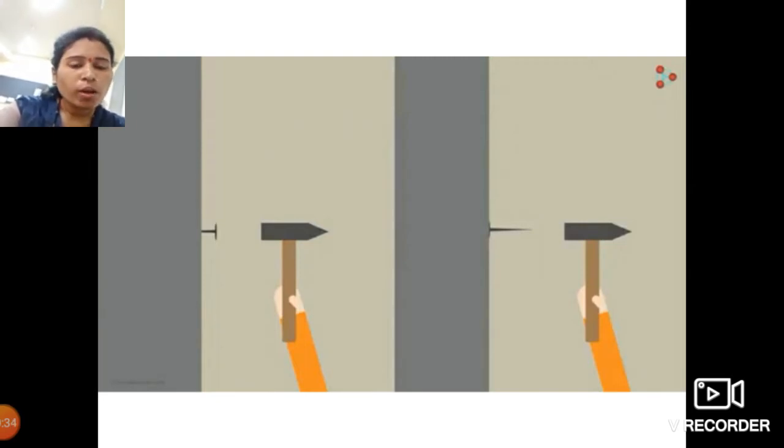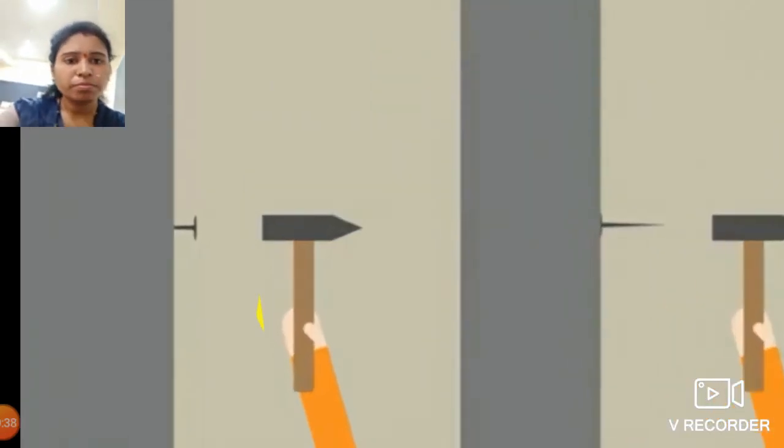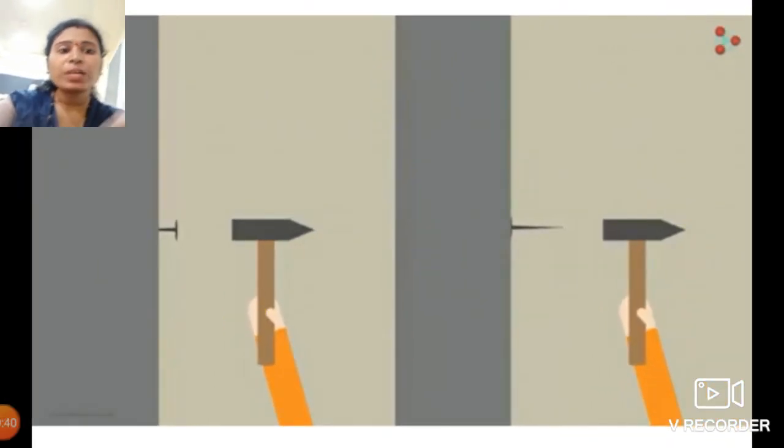The angle between the nail and the wall is 90 degrees. Students, when we apply the force on any particular surface of the nail, at that time it makes an angle of 90.